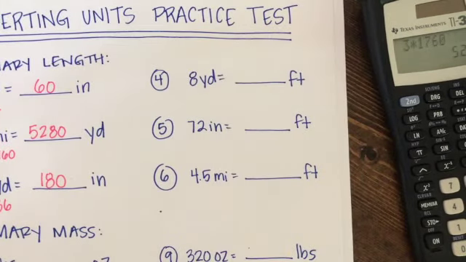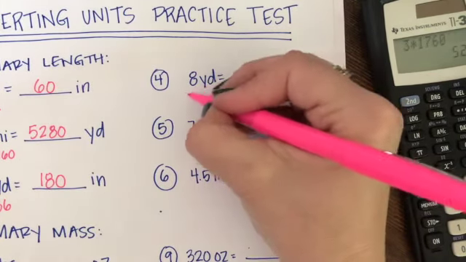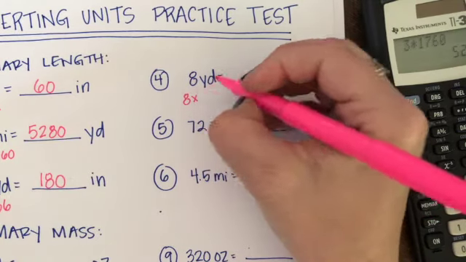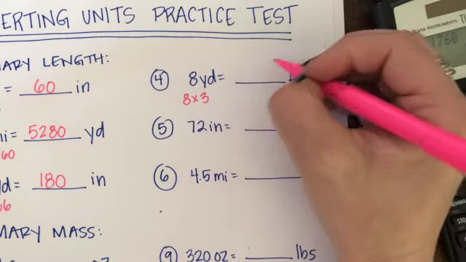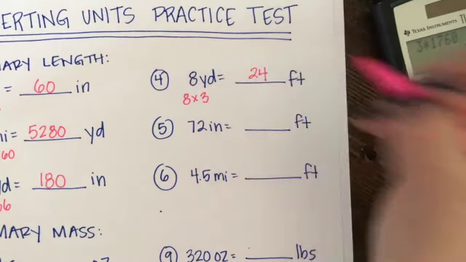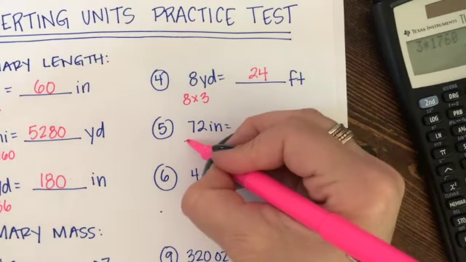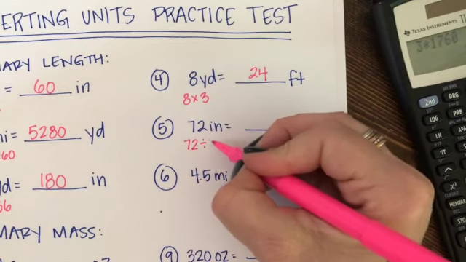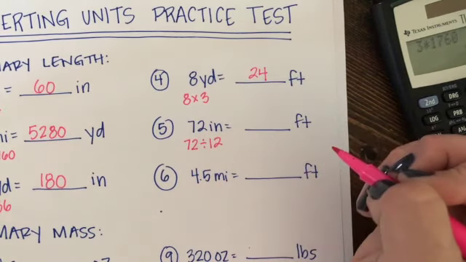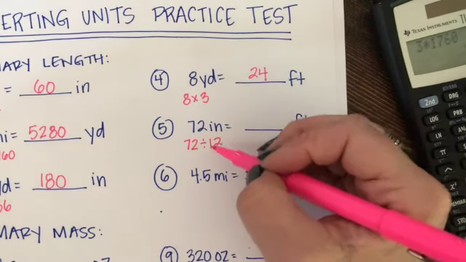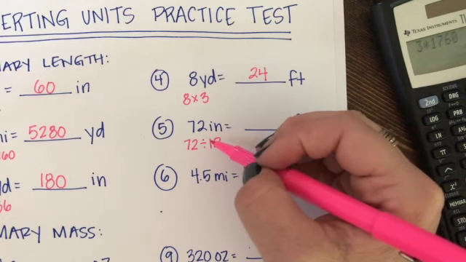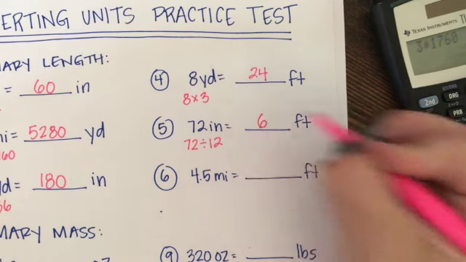Number 4, 8 yards is how many feet? So every yard has 3 feet. 8 times 3 is 24. On number 5, 72 inches is how many feet? So 72 divided by 12, right? Every foot takes 12 inches, so how many groups of 12 could I make? That would be 6.